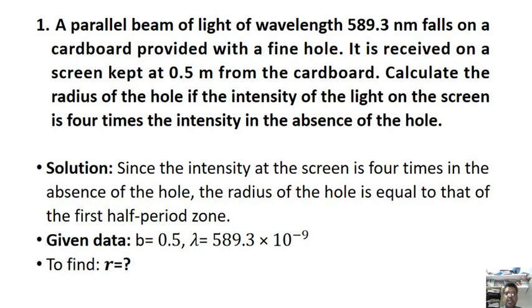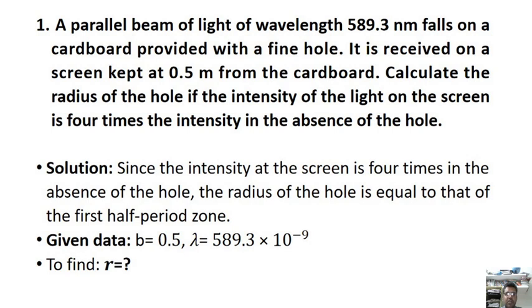The question is how much radius the hole has for this intensity. Since the intensity at the screen is 4 times that in the absence of the hole, as we already discussed in theory, the radius of the hole is equal to that of the first half period zone.